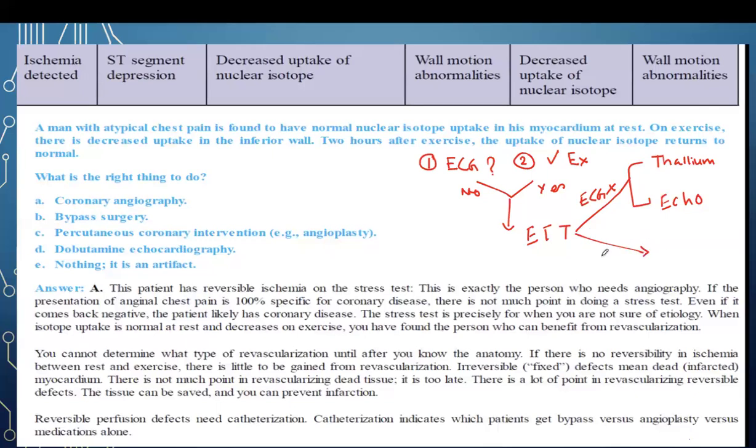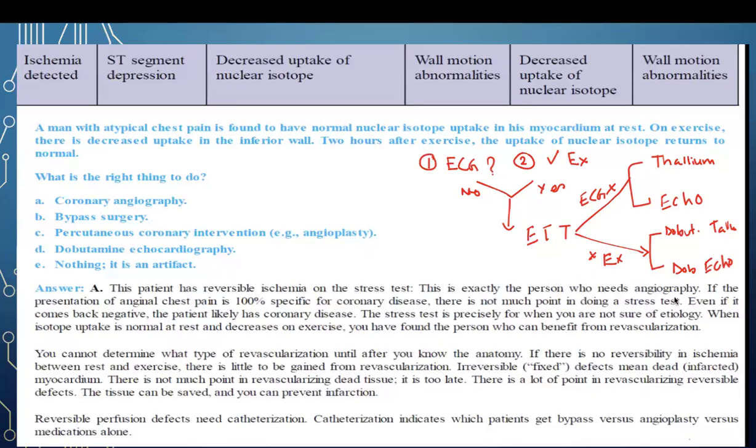If your patient is not able to exercise, then you do a chemical, which means you can do dobutamine, so a dobutamine thallium scan or a dobutamine echocardiogram. Very straightforward if you actually understand what I'm talking about. Okay.